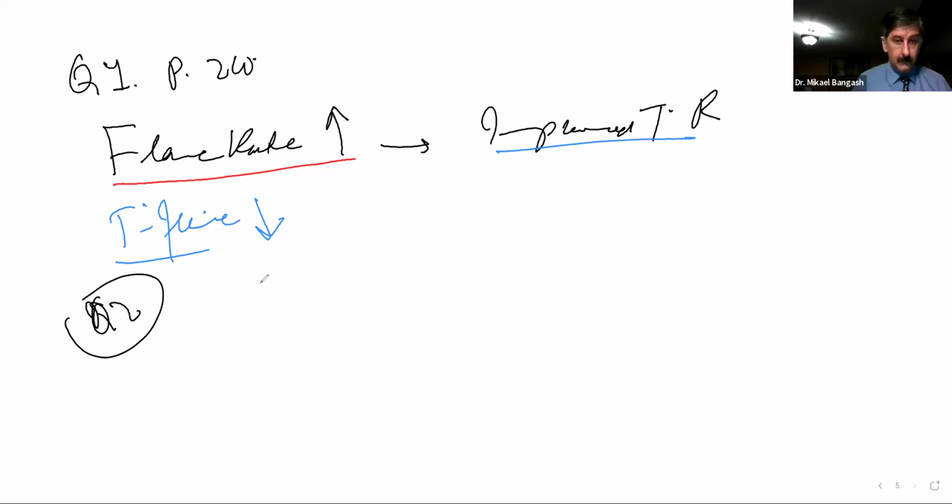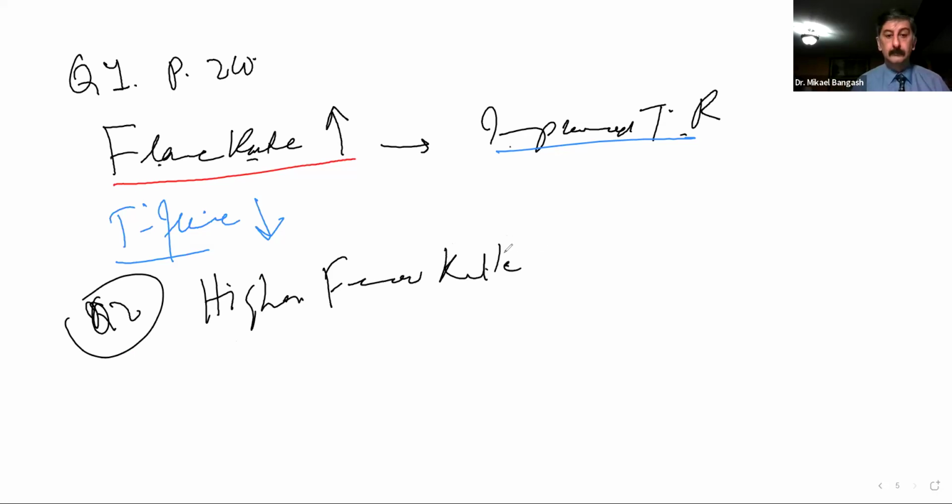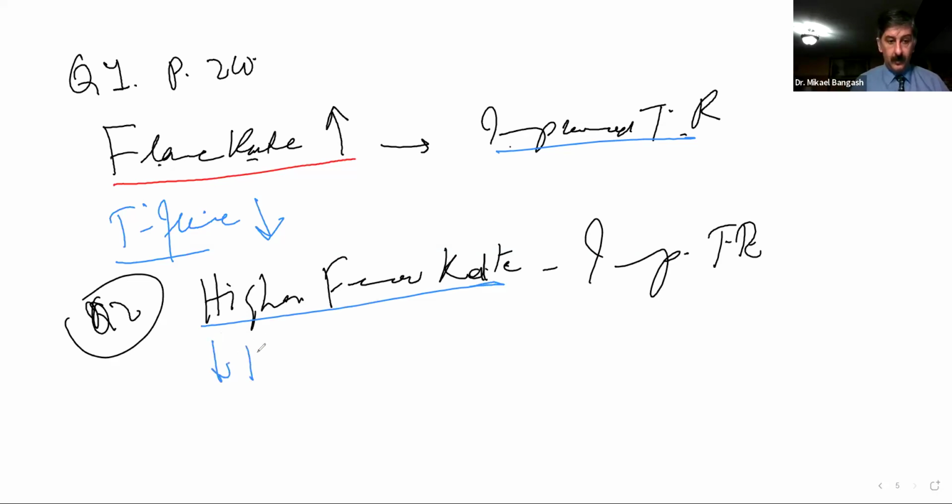Improved temporal resolution means, just as in the previous question, a higher frame rate, or a lower T frame.